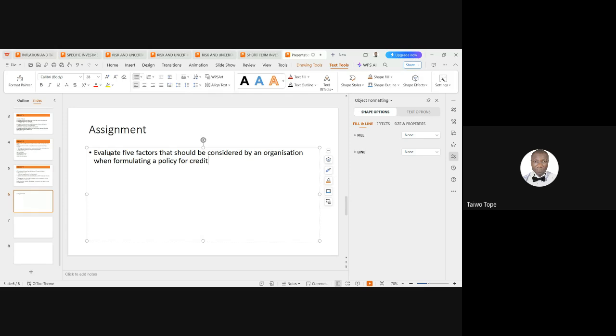I think we discussed this when we were talking about creditworthiness. Yes, they can come up with a question in this form for credit control.